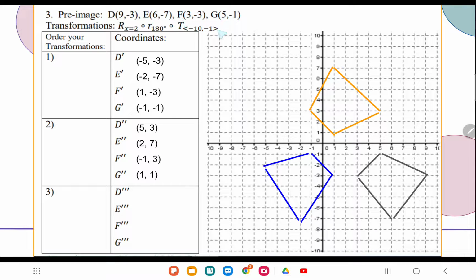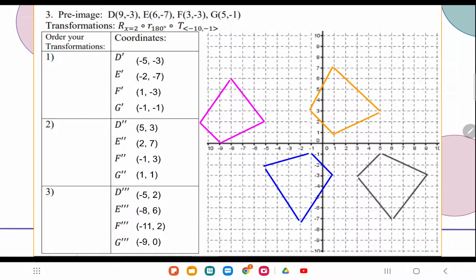And finally, I'm going to translate this according to the vector negative 10, negative 1. So everything is going to be moved 10 units to the left and down 1 unit. We can see the effect of this on my coordinate points, and then I graph the figure here in pink.